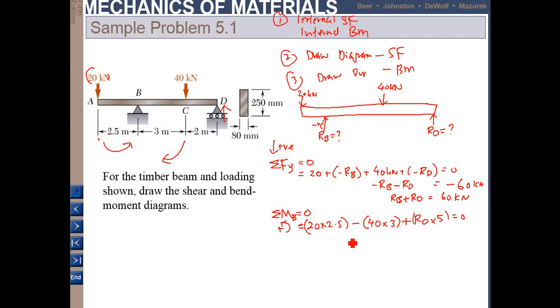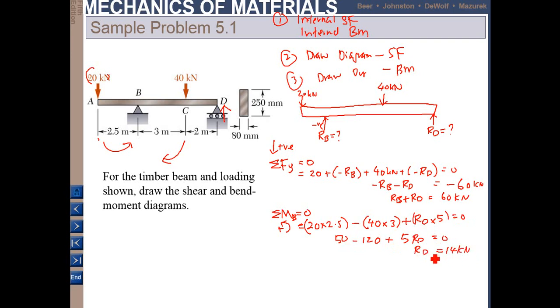So you get 50 minus 120 plus 5 RD is equal to 0. So RD you get 14 kilonewton.